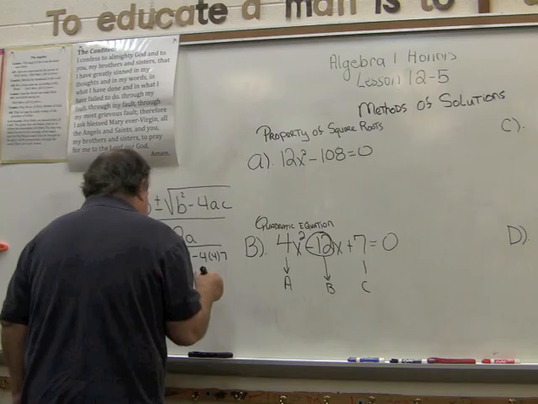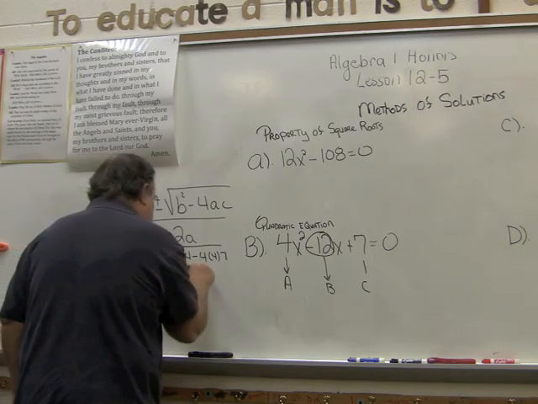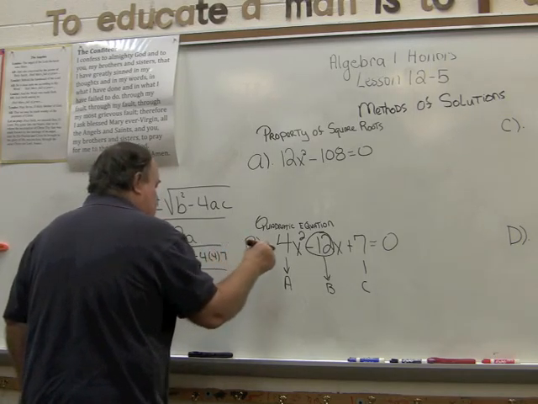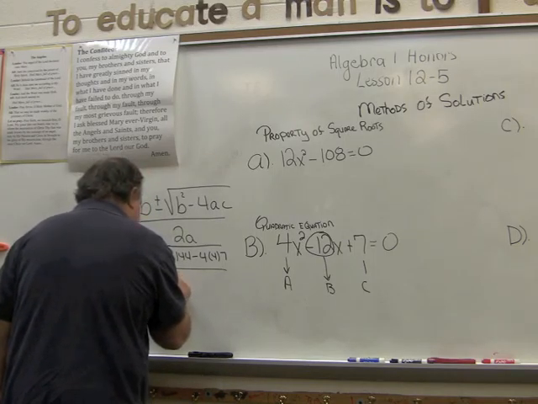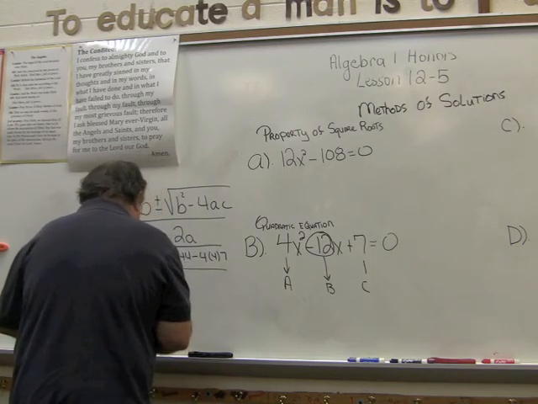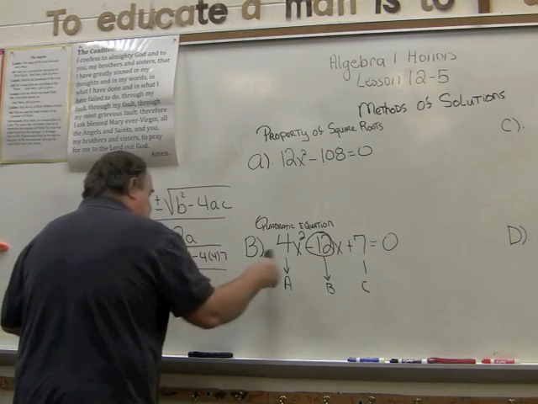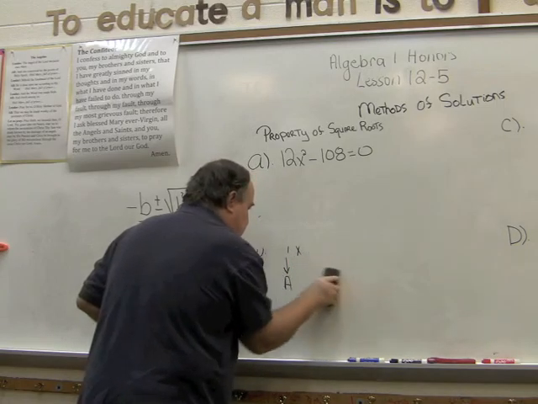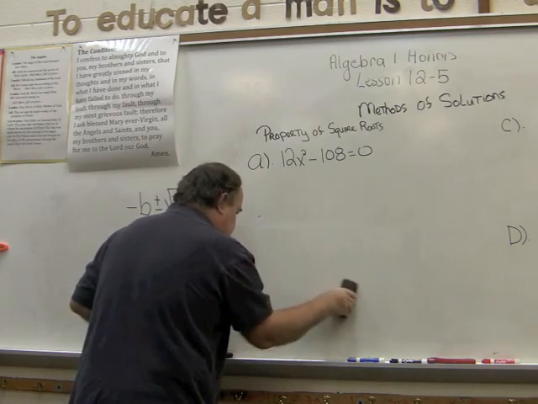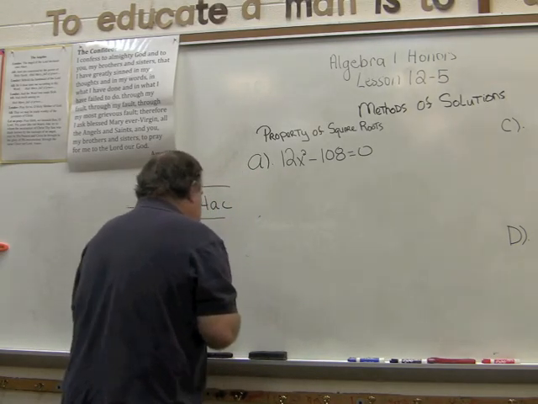Okay, so let's see what we got. Over 2a, which is 2 times 4, is 8. I'm going to go ahead and erase this one right here, and we're going to finish this problem. So 16 times 7.